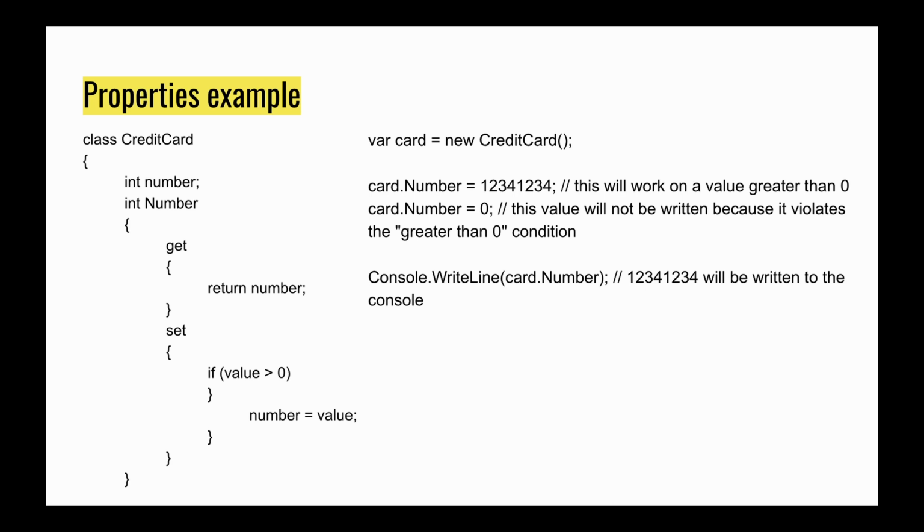Don't be confused about that if block. It's created when we want a particular block of code to be executed only when a particular condition is met. In our case, the value in the number field will be only written when the value is greater than 0. More about if blocks will be in the next lessons.